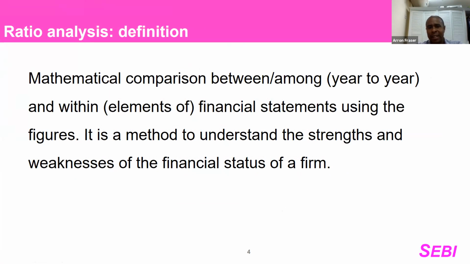And when we say within a financial statement, you can do comparisons between revenue and cost, revenue and taxes, those kinds of things, right? So year-to-year comparisons are what we call horizontal comparisons, and comparisons between two figures in a financial statement is what we call vertical comparisons.